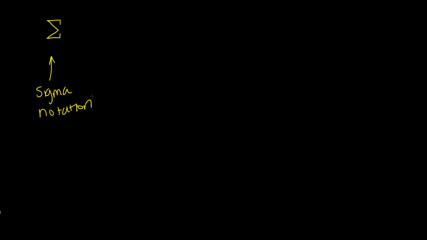What sigma notation alludes to is that we are going to sum a sequence. So sigma notation is the sum. It's shorthand for the sum of n terms of a sequence.